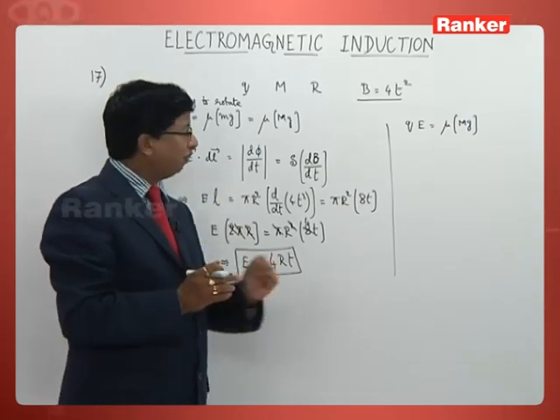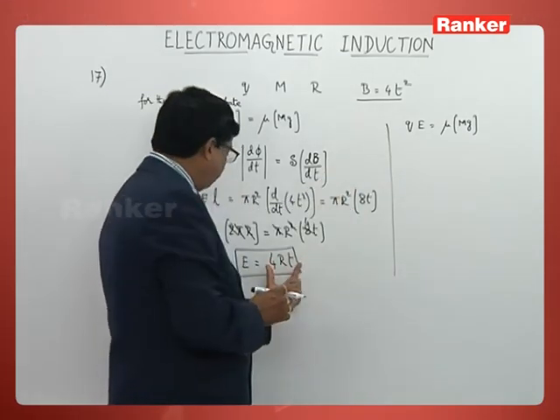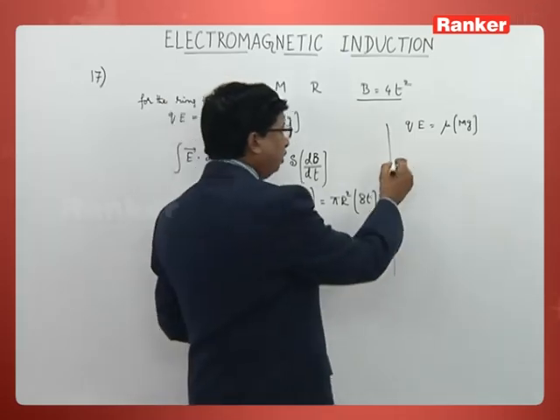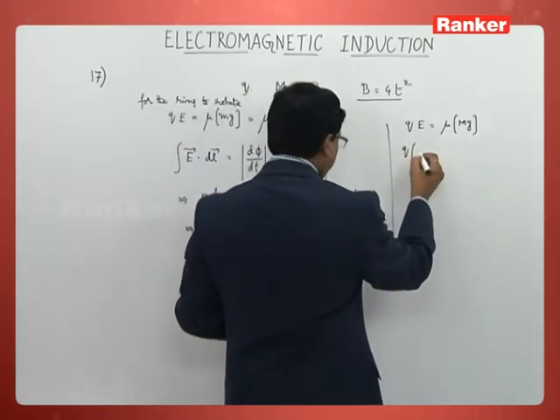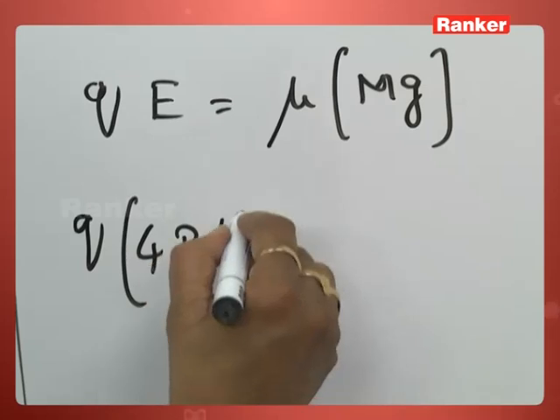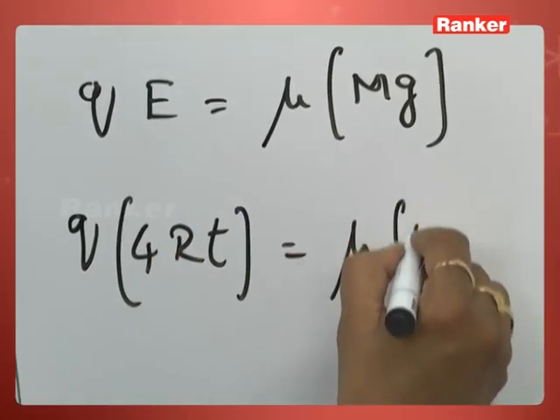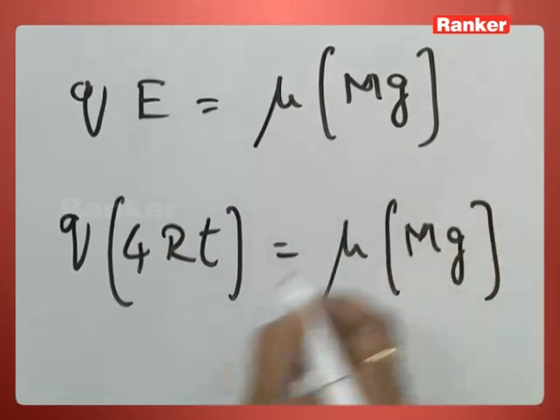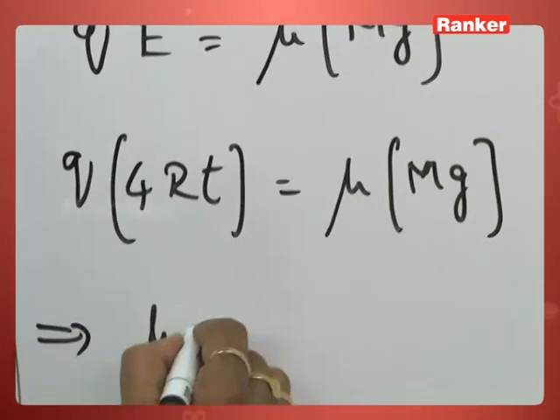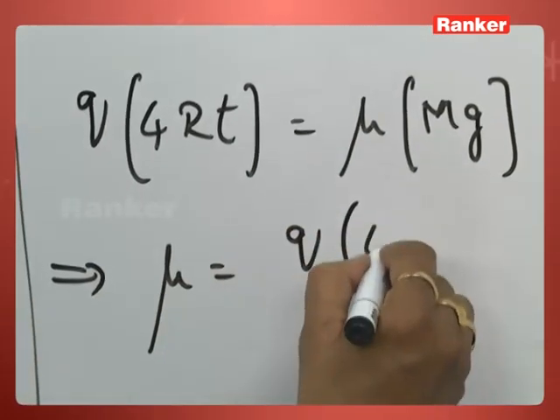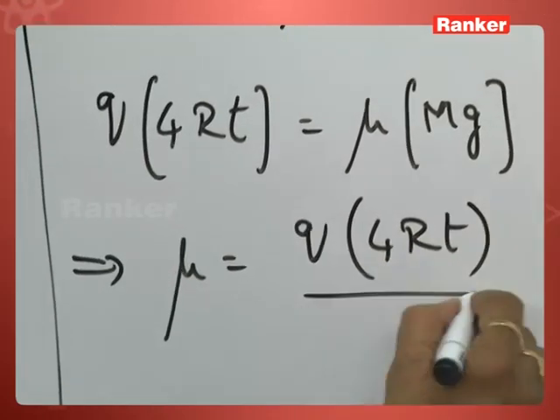Now we can write this value of E over there. So Q times 4 rt is equal to mu times mg. This implies the mu value will now be Q times 4 rt by mg.